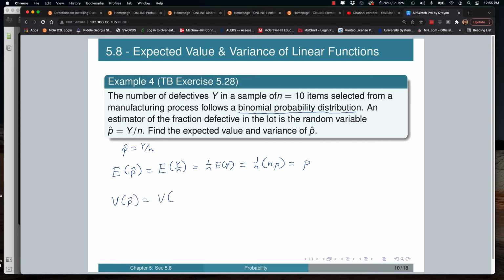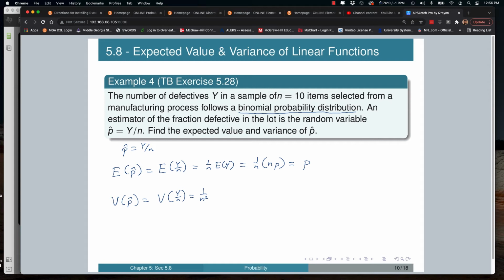So we're just talking about the variance of y over n, which is pulling it out front. It's just 1 over n squared. And again, I don't have to worry about covariance here, because one of the qualifications of binomial distributions is that each trial is independent, so there's no overlap with these guys, so there's no covariance.